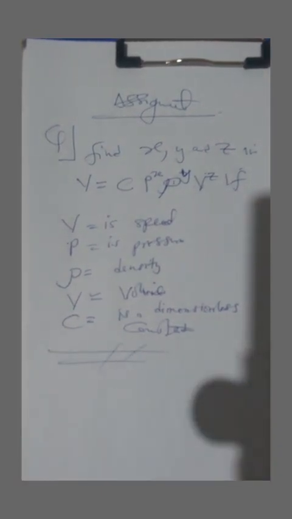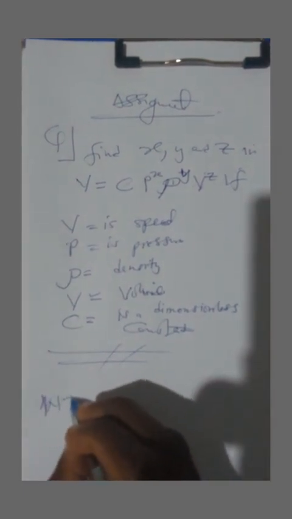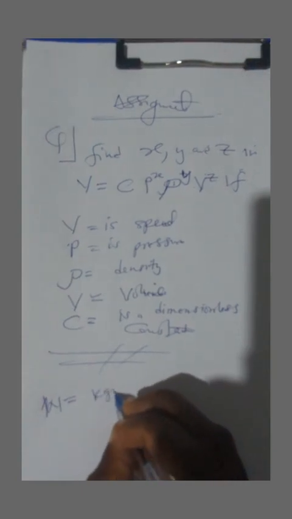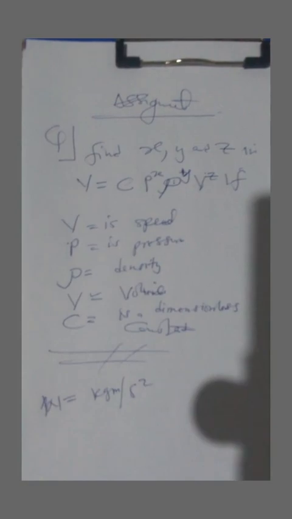Let me just give you maybe the idea here. The key thing is to understand the unit of each component and reduce that unit to its simplest form involving length, mass, and time. So we know the velocity is meters per second, the pressure is newtons per meter square, and 1 newton is equivalent to 1 kilogram meter per second square.